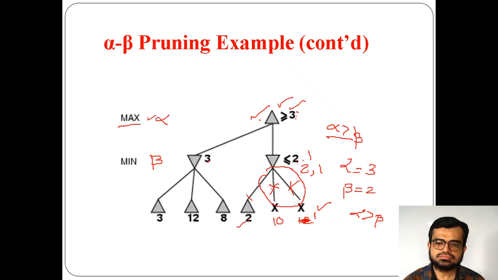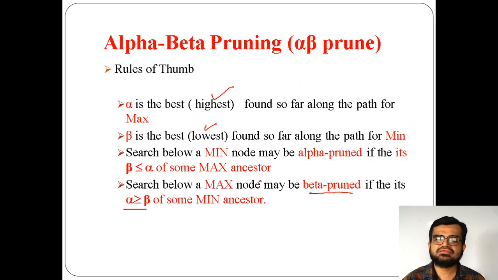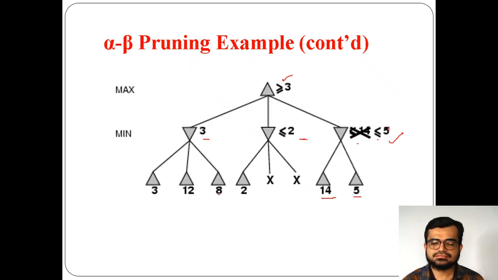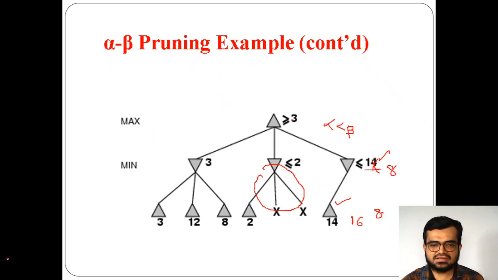Now the same thing arises when you are doing alpha pruning, but the condition gets reversed. Beta pruning is for a minimum ancestor. Here it is a minimum ancestor, right? This is minimum, so this 2 is for the minimum ancestor. Alpha pruning means a max ancestor.